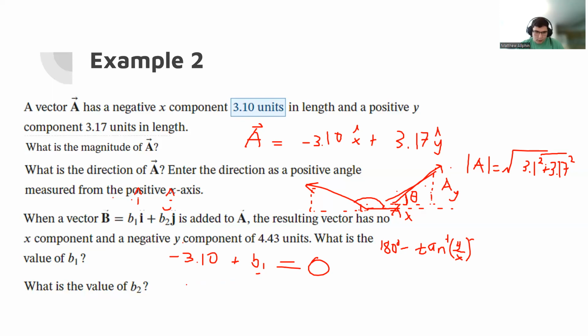And then for B2, I do the same thing, but now I have a positive 3.17 plus B2 is equal to 4.43. And so to solve that, all I do is take 4.43 minus 3.17, and that's my B2.